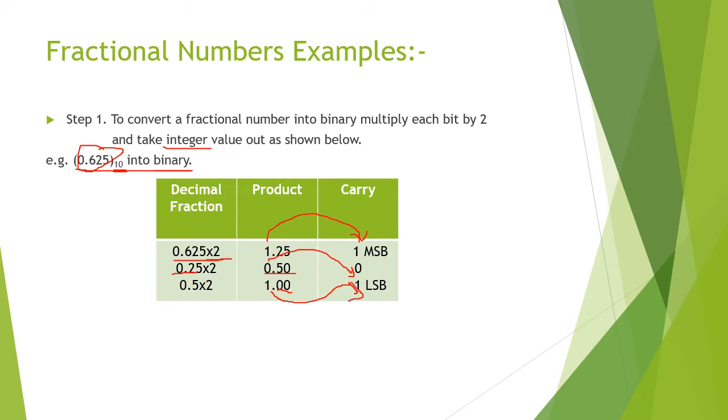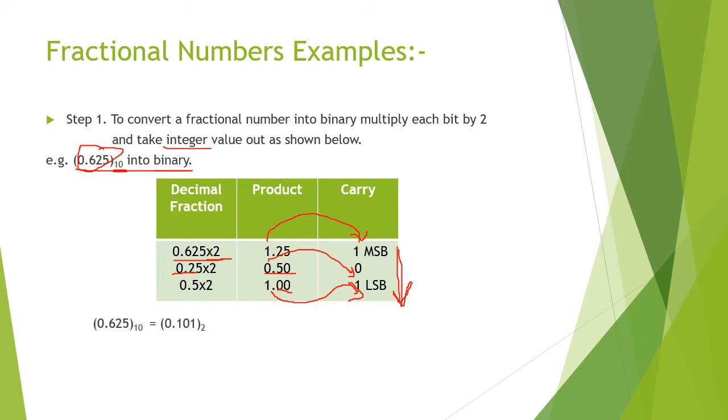Now again here we have to take the first carry or first integer as MSB and the last as the LSB. So we have to take it in the forward direction, from upward to downward. In the normal case we have taken it from downwards to upward, but here we have to take it from upward to downward direction.